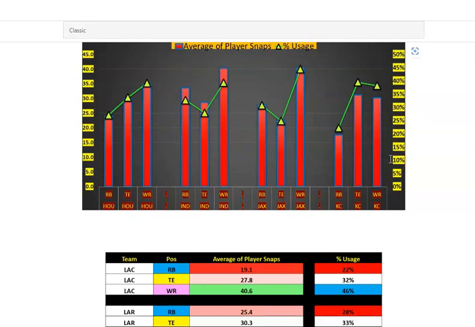Houston, if they could just kind of get better, I do like their pattern and distribution, but they just haven't put it together yet. But I do like that. Indianapolis is not a most efficient pattern.